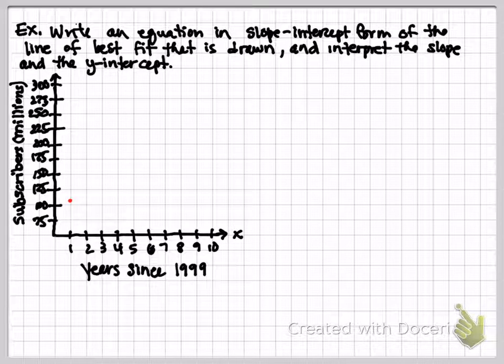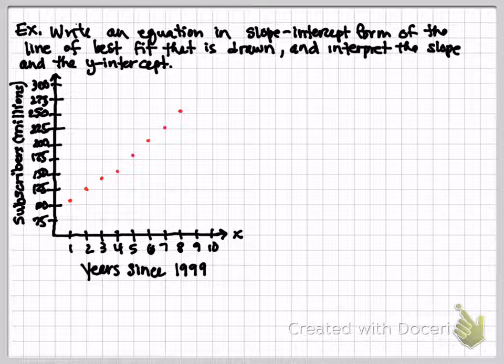In 2 years, it was about 125. 3 years, it was under 150. 4 years, it was a little bit above 150. 5 years was a little above 175. 6 years was a little bit above 200. 7 years was just over 225. 8 years was just above 250.